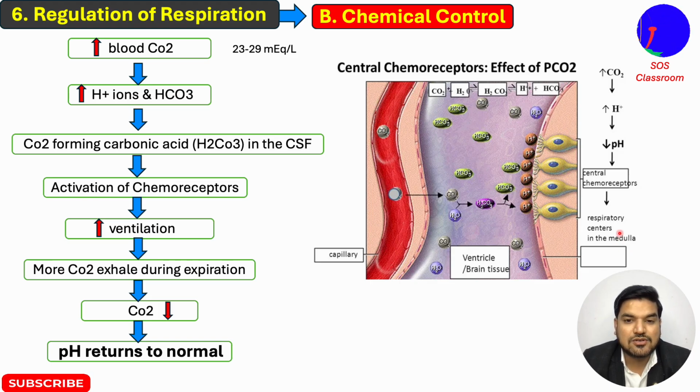Activation of the medulla centers leads to maximum exhalation of carbon dioxide from the blood to the lungs. When the carbon dioxide level decreases, the pH level returns to normal. So this condition is controlled by chemical control through the central chemoreceptors.